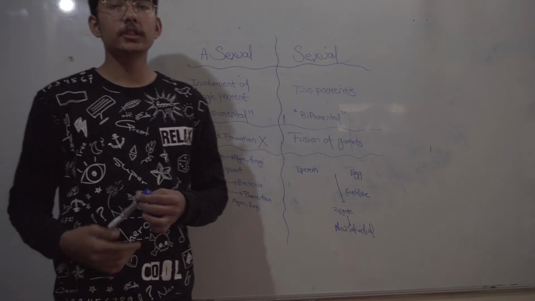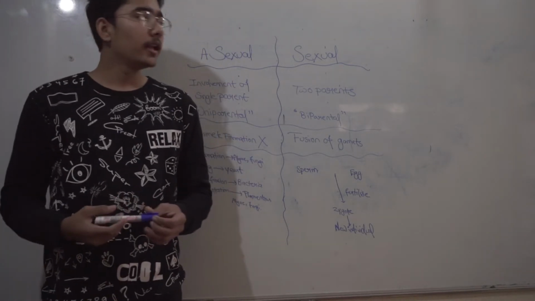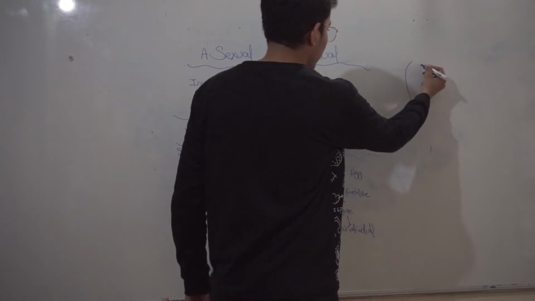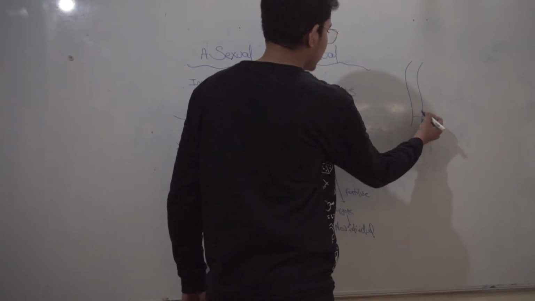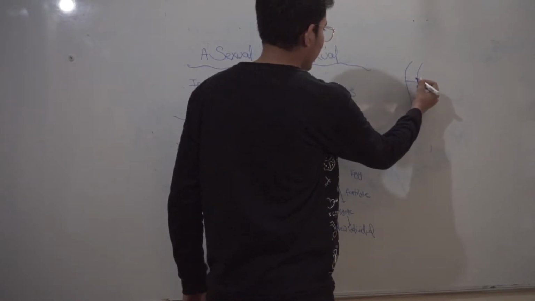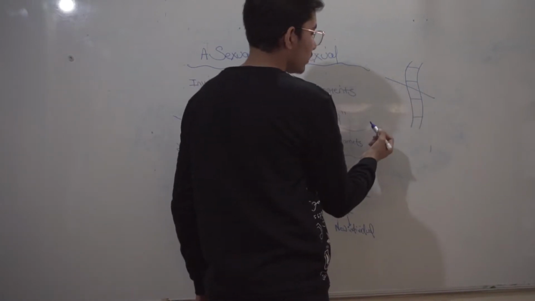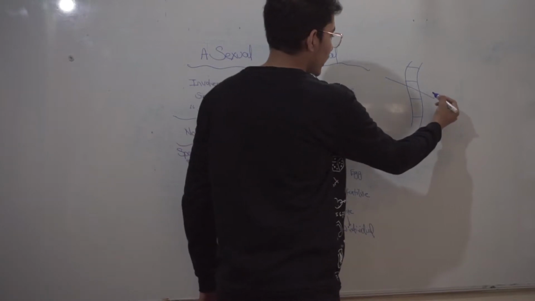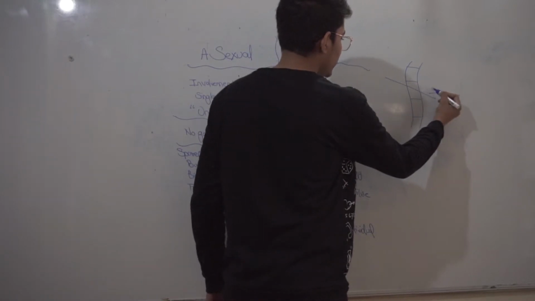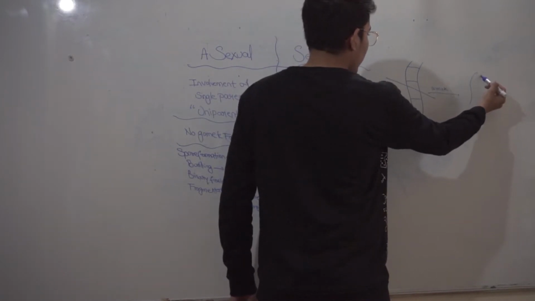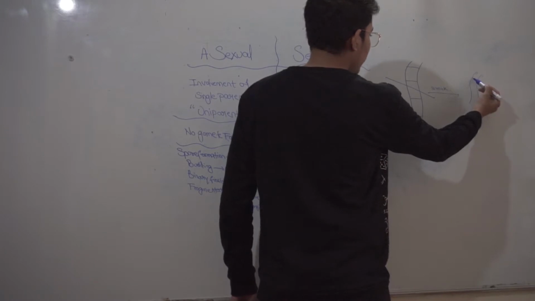Now, what happens in fragmentation? Let's say this is a fragment. It breaks down from here, and after breakage, it develops two new fragments.